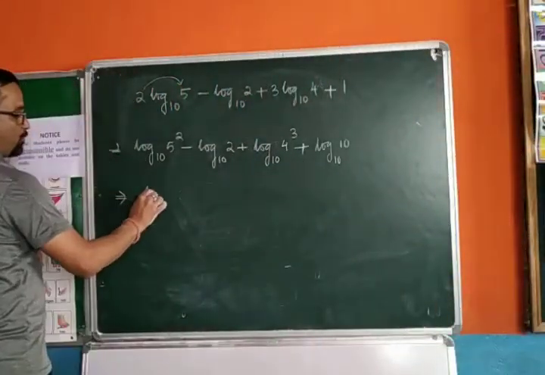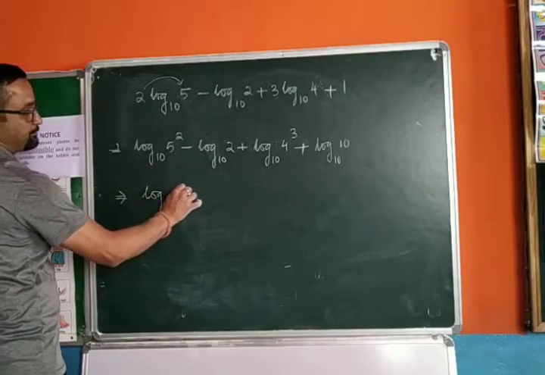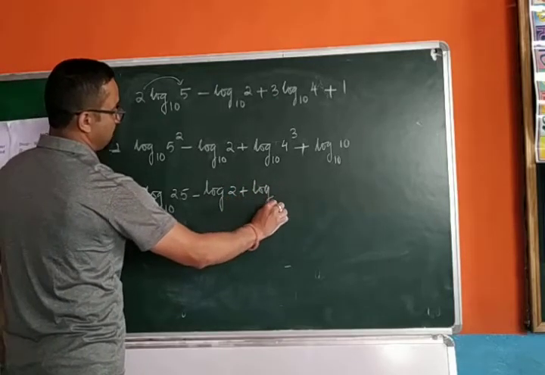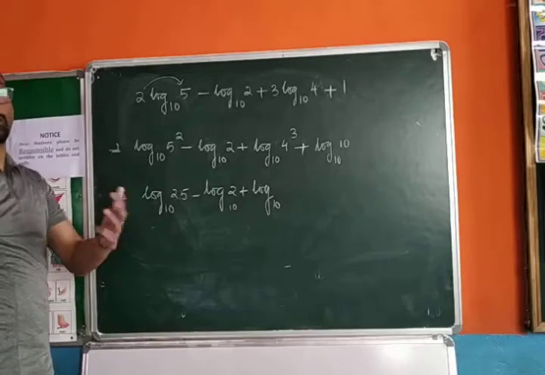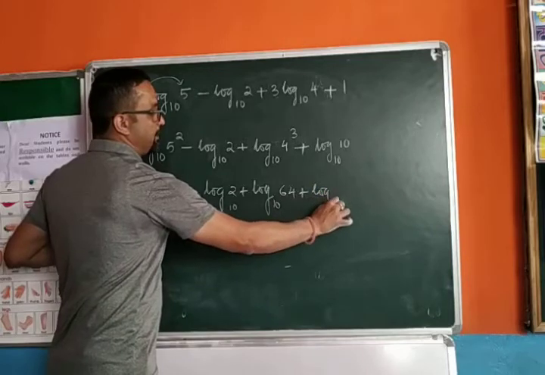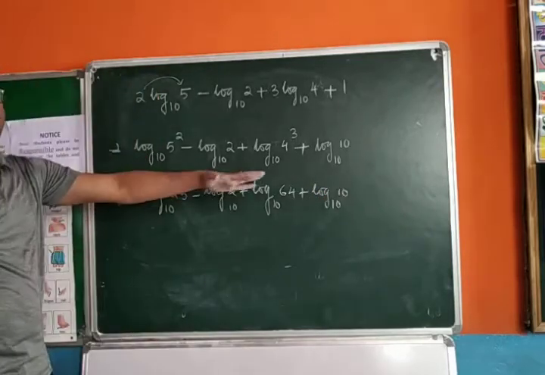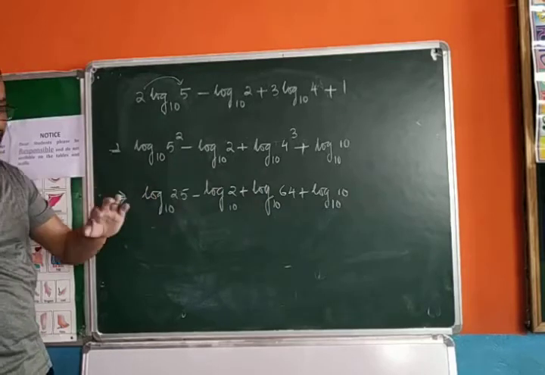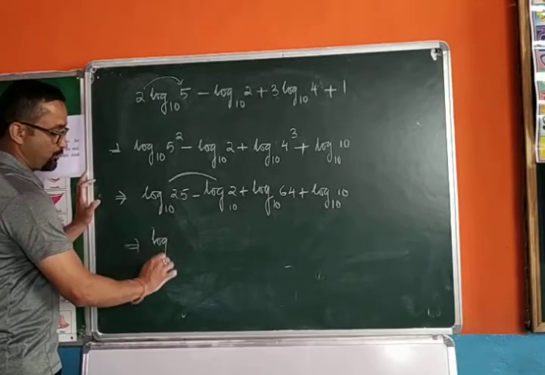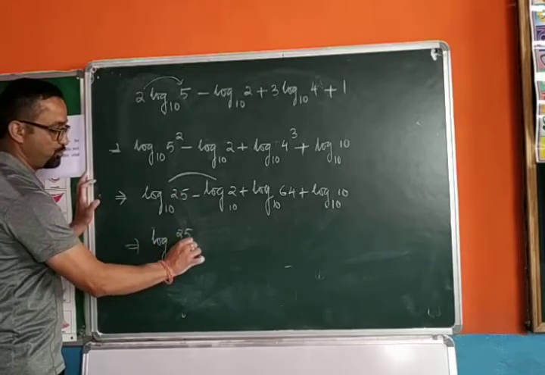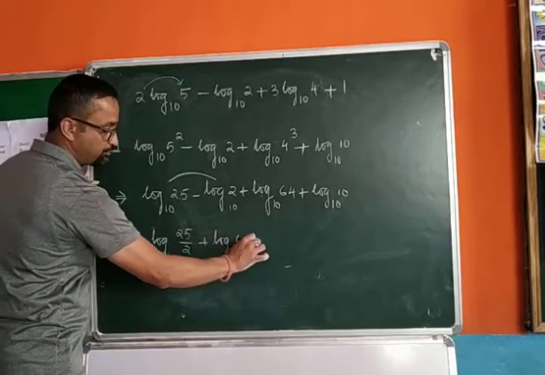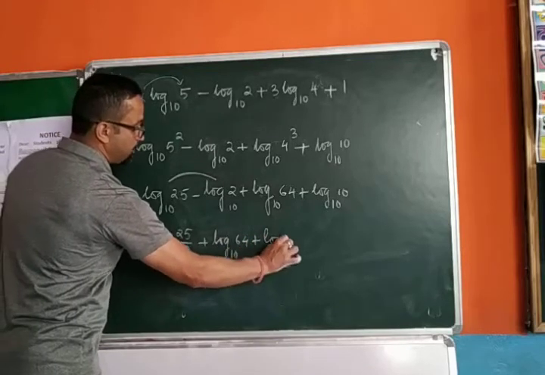So we get log base 10 of 25, minus log base 10 of 2, plus log base 10 of 4 times 4 times 4, which is 64, plus log base 10 of 10. You can solve it directly or you can start solving individually. Between first and second logarithm there is a minus sign, so we divide: 25 upon 2. Copy this as it is: log base 10 of 64, log base 10 of 10.